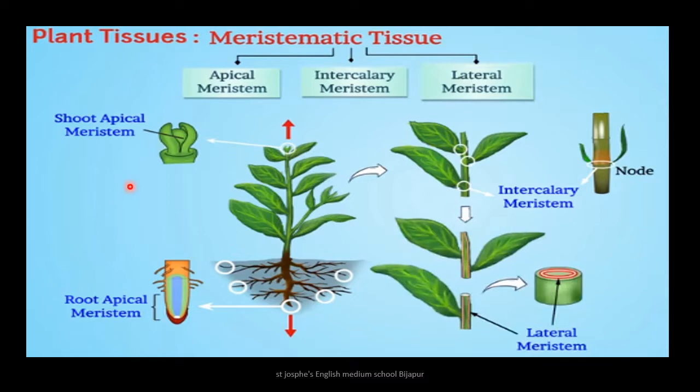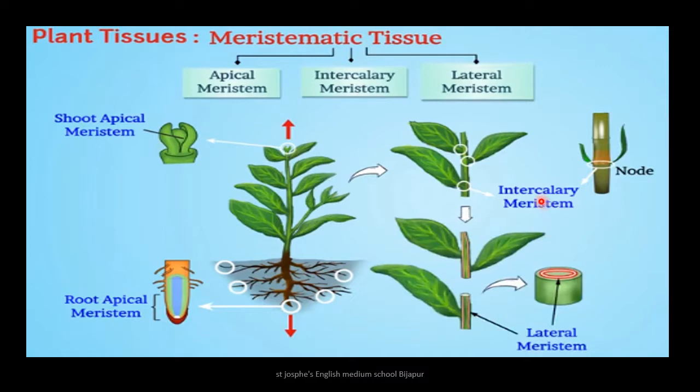So children, this particular picture provides you the idea where these three types of meristematic tissues are present. Apical meristem is present at the shoot tip and the root tip.